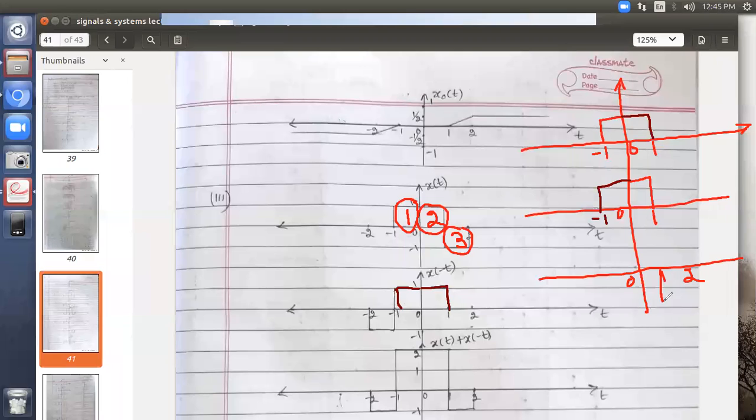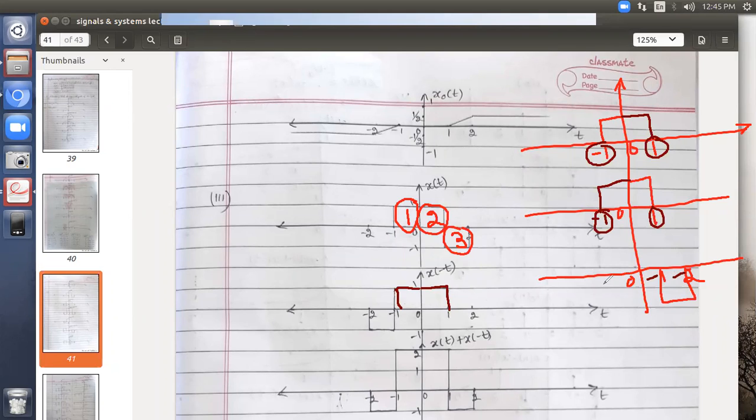Between 2 and 3, I have a negative amplitude pulse like this. If I take its reflection, whatever positive time is there becomes negative, and negative time becomes positive. So just change the time, put a negative sign in front of them.